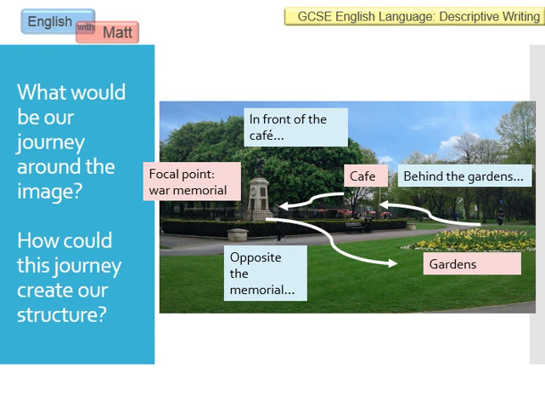So I would be encouraging my students to think of their picture like a journey. Imagine you're walking around the image on these paths, on the grass, etc. Where would you go? And as you walk, as you journey around the image, what would you want to describe?